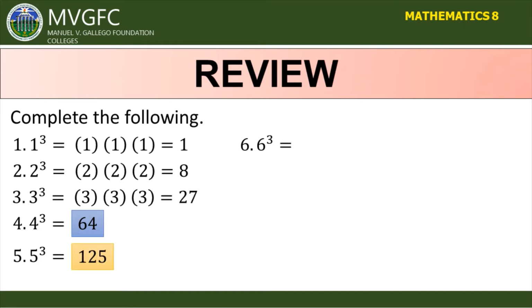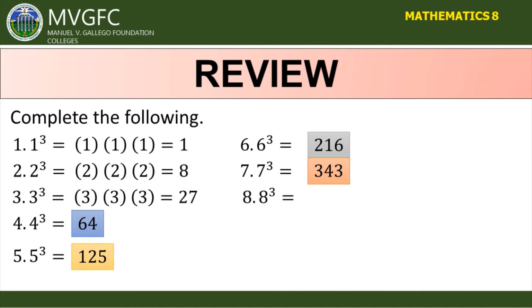For number 6, 6 cube is equal to 6 times 6 times 6, or simply 216. For number 7, we have 7 cube, and 7 cube is equal to 343, because 7 times 7 is 49, times 7 is equal to 343.